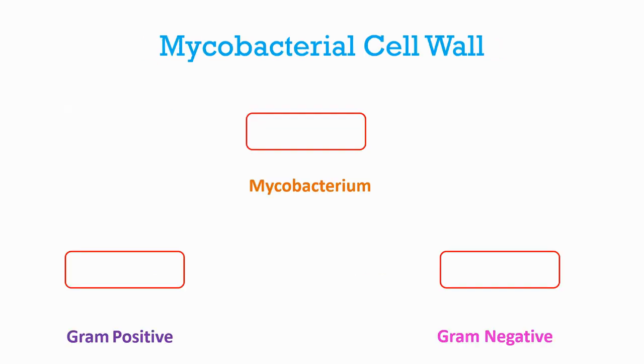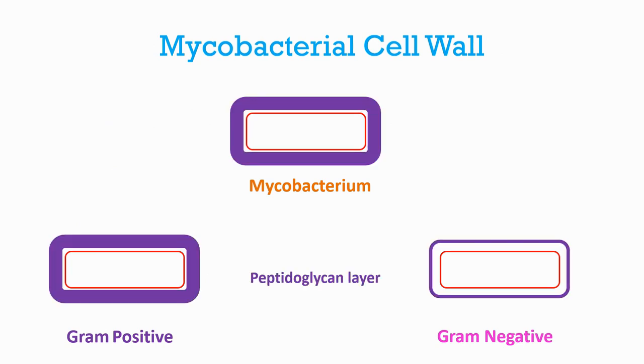Let us see the similarities and differences between gram-positive, gram-negative and acid-fast bacteria. The cytoplasmic membrane of all 3 bacteria is covered by a peptidoglycan layer that is equally thick in gram-positive and mycobacteria but thin in gram-negative bacteria.